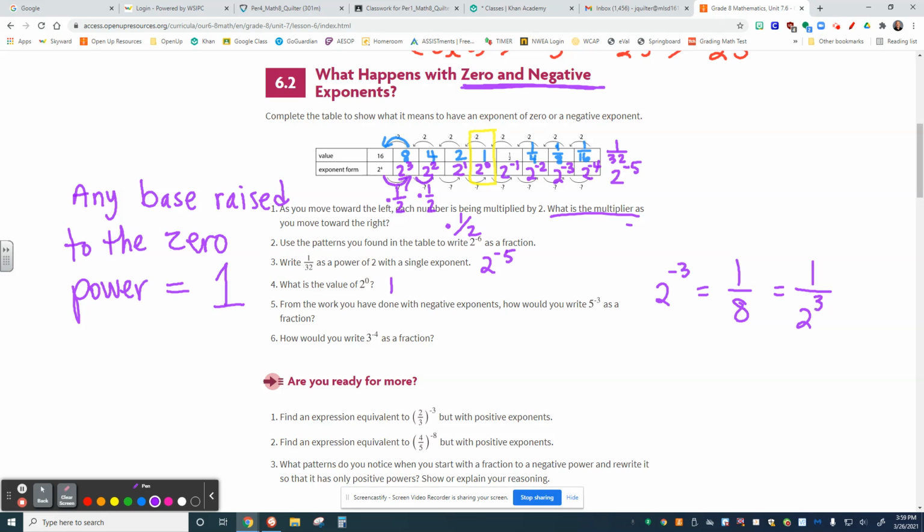So you see that what we're after with this is actually more than just looking at a pattern, but also looking at a rule that we can understand. And that has to do with the negative exponent. The negative exponent should tip us off to be thinking about a reciprocal.